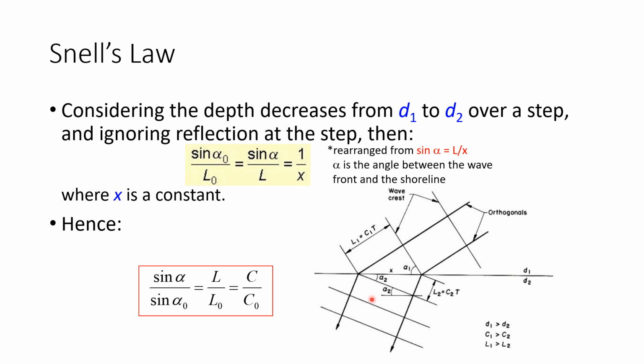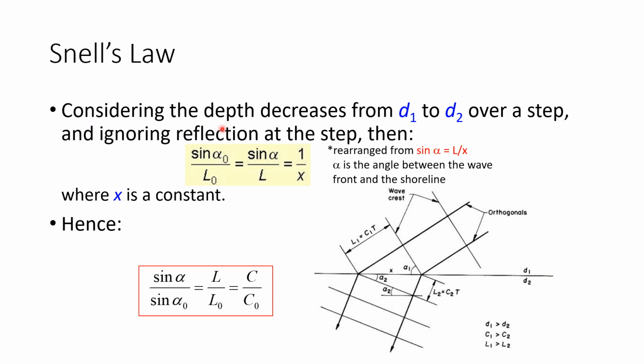Of course, the derivation here assumes that the change of water depth is sudden, so we also need to state that we ignore any reflection from the step. In the actual sea, there may or may not be a step. If there is a step, there may be a reflection effect from it, but we are going to ignore that in this particular analysis.